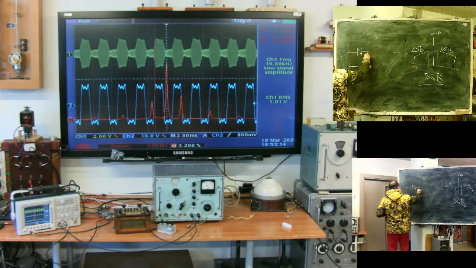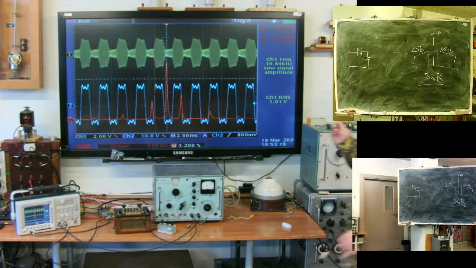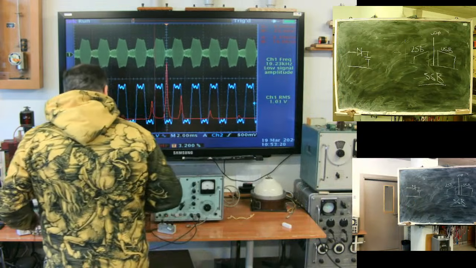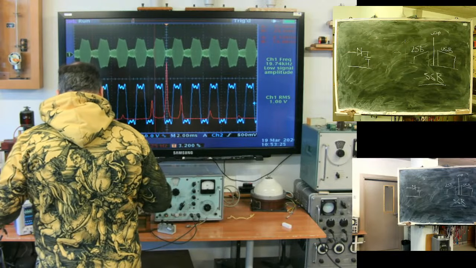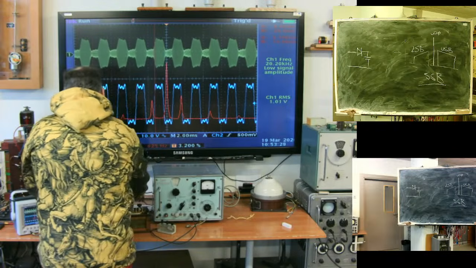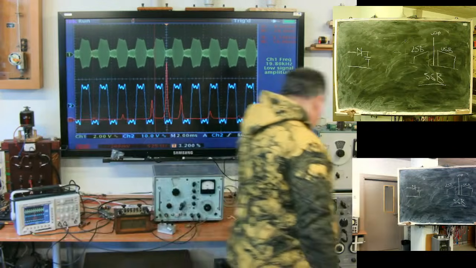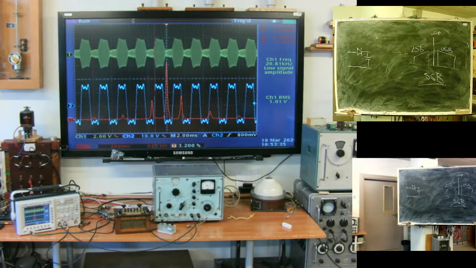To suppress higher frequencies, usually a small capacitance is added. Or small probe, too big.